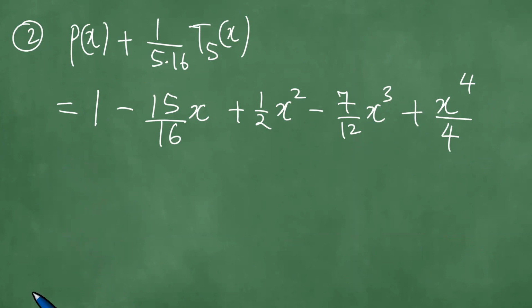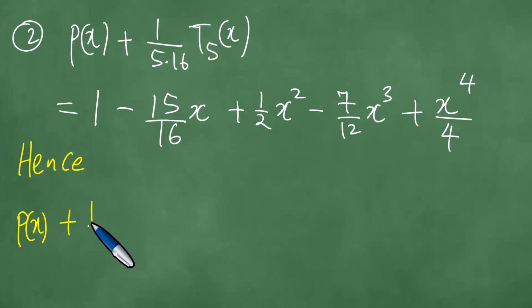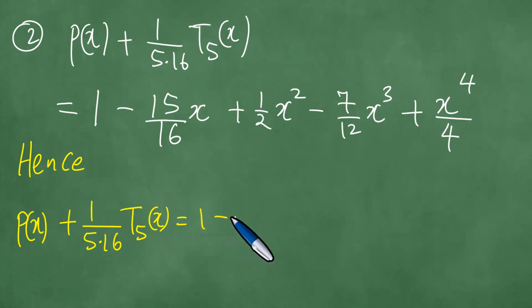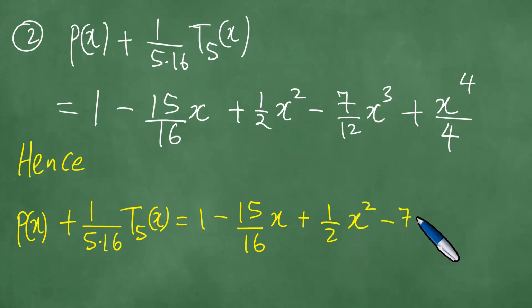Hence, the implication is therefore that P of x plus 1 out of 5 by 16, T5 of x is 1 minus 15 out of 16 x plus 1/2 x squared minus 7 out of 12 x cubed, plus x to the fourth out of 4.